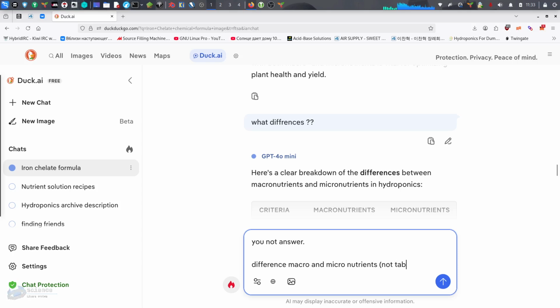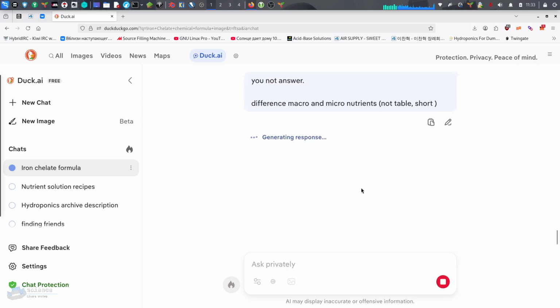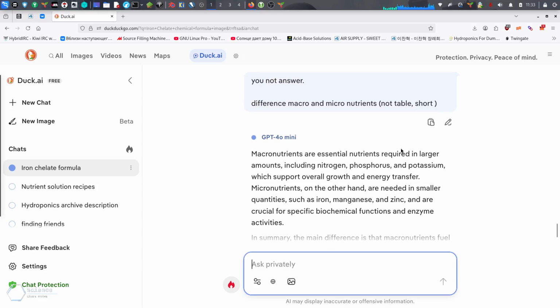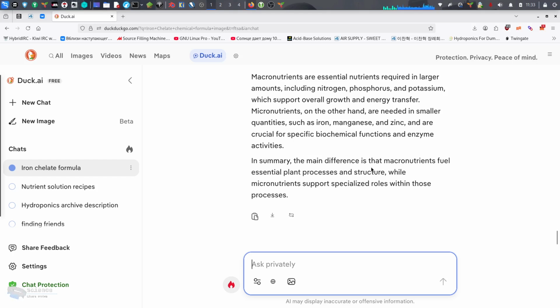Not stable. Short. Just short. Macronutrients are essential nutrients required in larger amounts. In summary, the main difference is that macronutrients fuel essential plant processes and structure, while micronutrients support specialized roles within those processes.